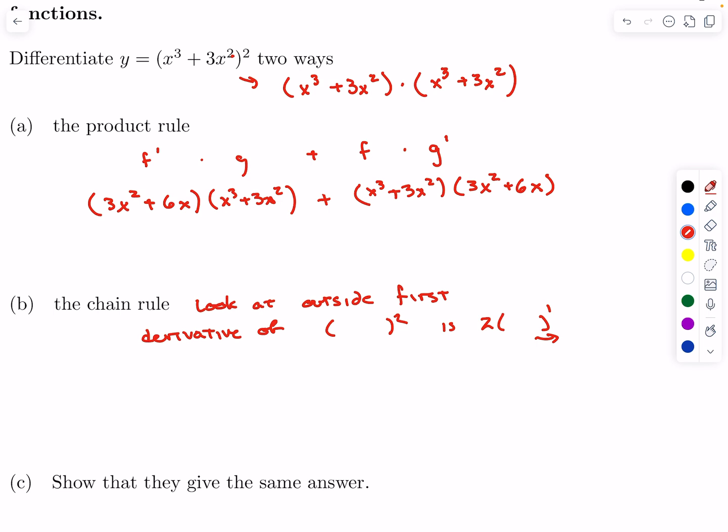So I always draw a little arrow to remind myself to take the derivative of the inside after and not stick it in. So 2 times the original inside to the first power, and then the chain rule says multiply by the derivative of the inside.